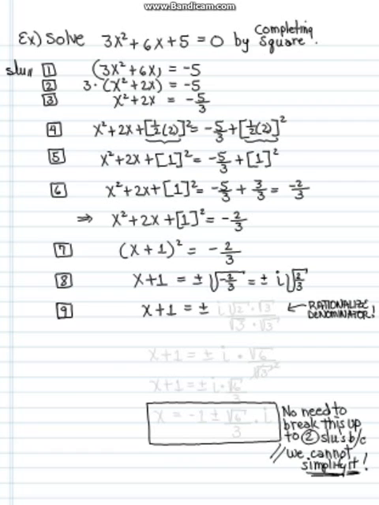So x plus 1 is equal to plus or minus i times the square root of 2 over the square root of 3 times the square root of 3 on the top and the square root of 3 on the bottom. Now doing that is going to get rid of the radical in the bottom, and that's called rationalizing the denominator. Now on the top, we're multiplying a square root times a square root.